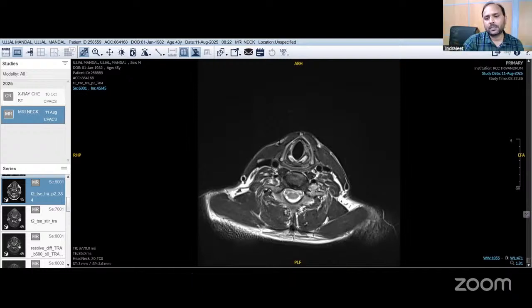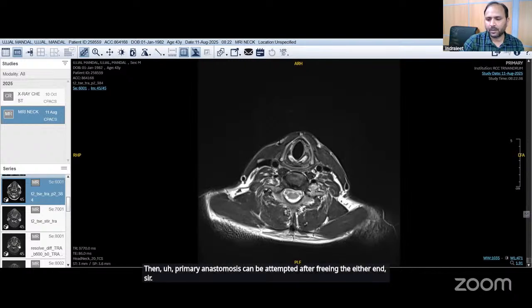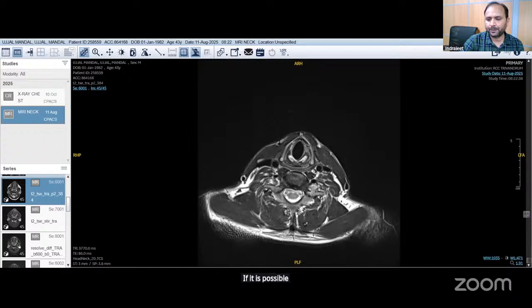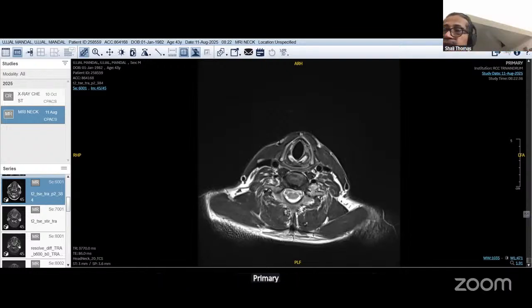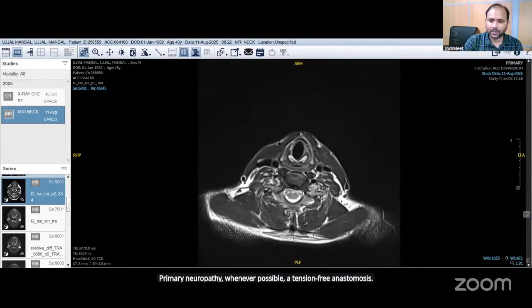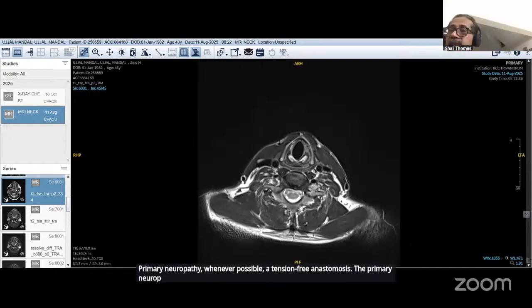Sir, if the distance between the cut segments is less than 20 millimeters, then primary anastomosis can be attempted after freeing either end, if it is possible, using 8-0 prolene suture to suture the epineurium, sir. Primary neurorrhaphy, whenever possible, a tension-free anastomosis. Primary neurorrhaphy gives the best results.